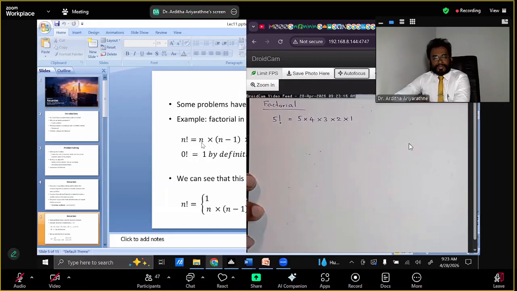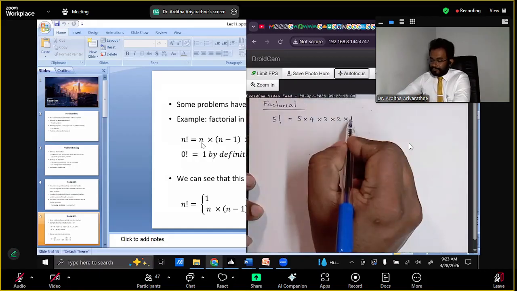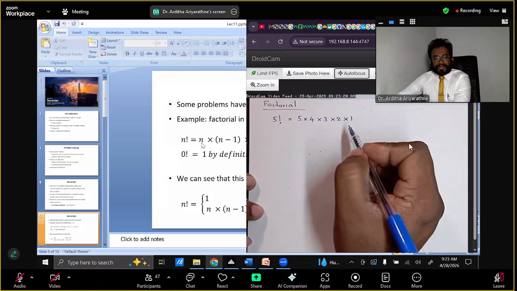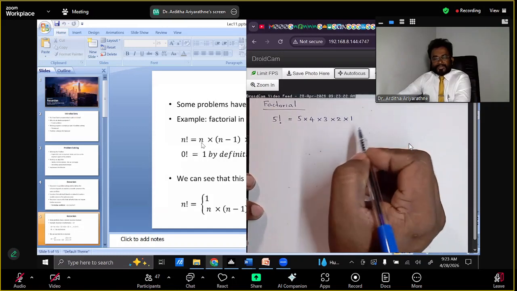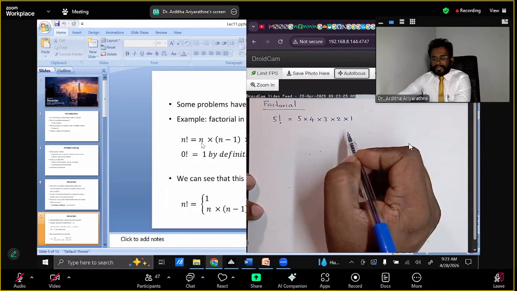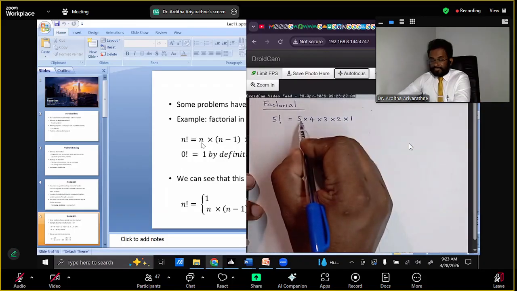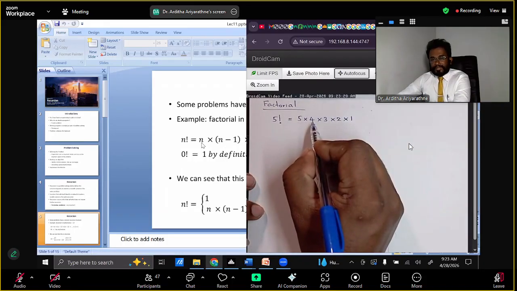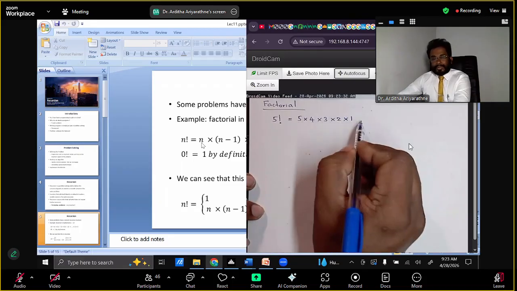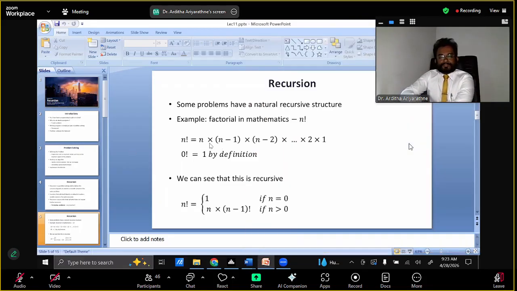Starting from 5, then multiply by 4, multiply by 3, multiply by 2, multiply by 1, like this. This is the standard notation for factorial n: n multiplied by n minus 1, multiplied by n minus 2. Likewise, we can continue up to 1.